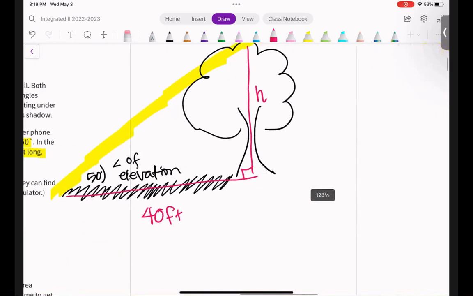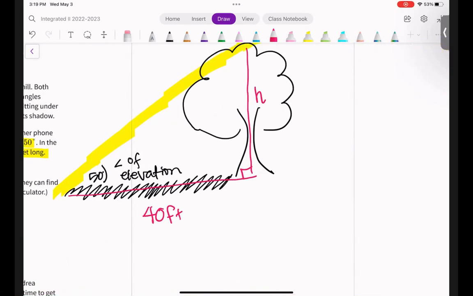So which trig ratio is this? I want you to think of sine of 50, cosine of 50, or tangent of 50. And which one of these is going to give me an equation based on what they gave me?